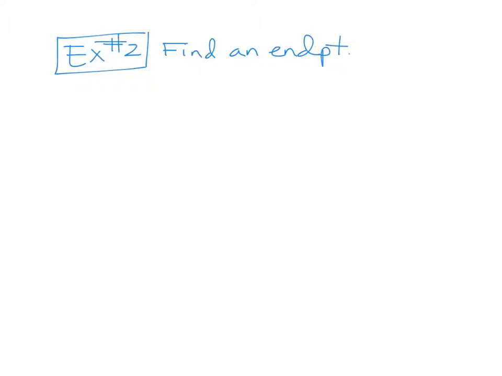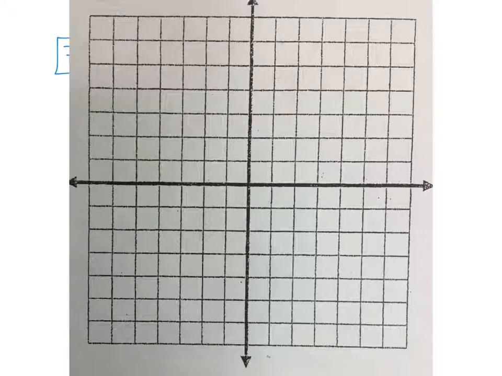Okay, so instead of finding the midpoint, they're going to give you the midpoint, they're going to give you one endpoint, and you have to find the other endpoint. So I'm going to show you a couple ways to do this, but I'm going to show you a picture first. A graph, really.